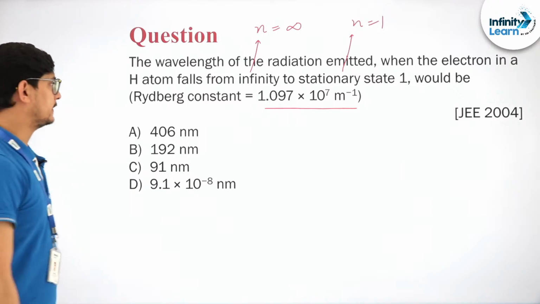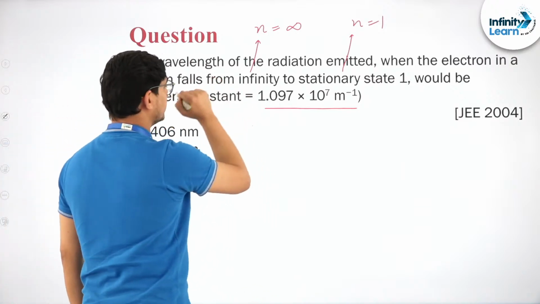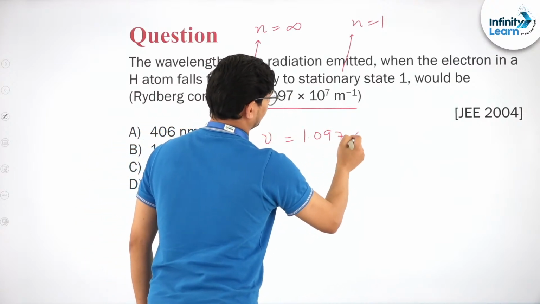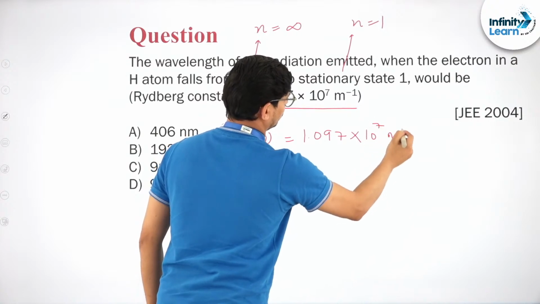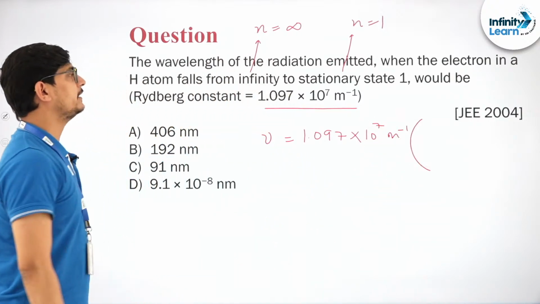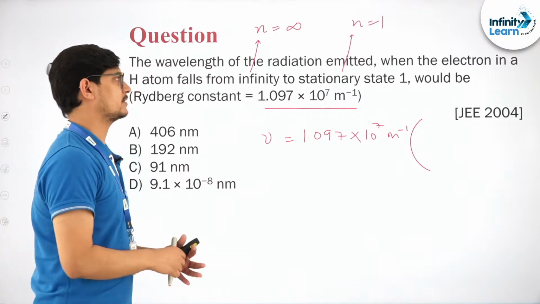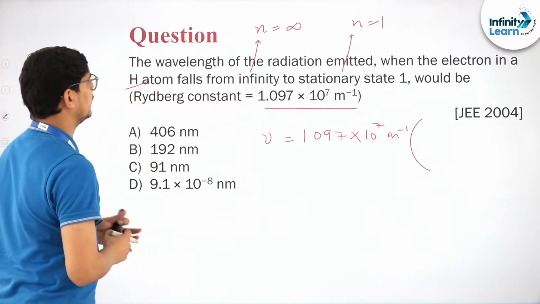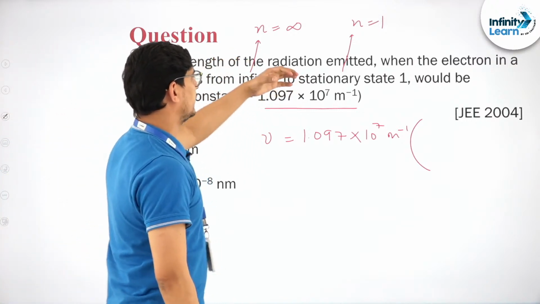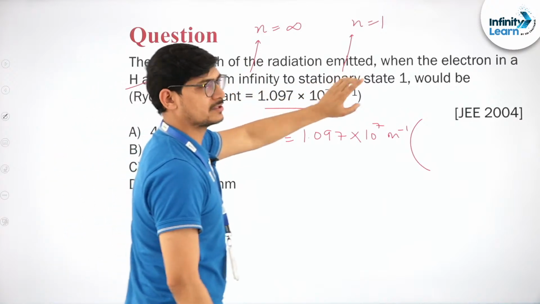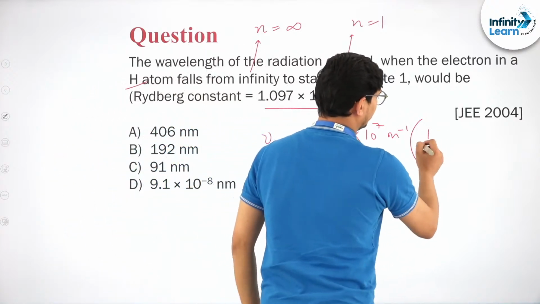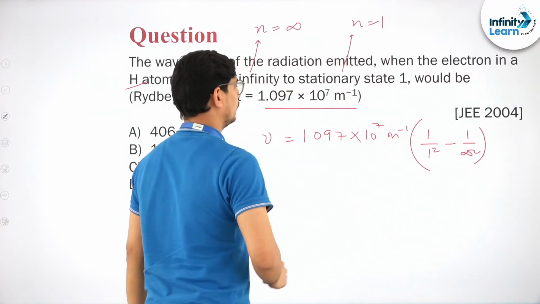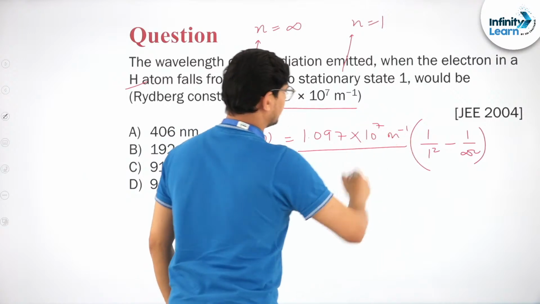Alright, now again the wave number would be Rydberg constant, and electron is falling from infinity to stationary state 1. It's a simple transition, okay? We are talking about hydrogen atom, so Z is 1, forget that. We are talking about wavelength, and for what transition? From infinity to stationary state 1. So it will be 1 upon 1 square minus 1 upon infinity square, so it will be 1 minus 0, that is 1, right? So wave number is this.